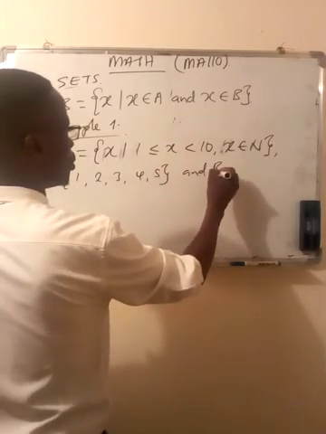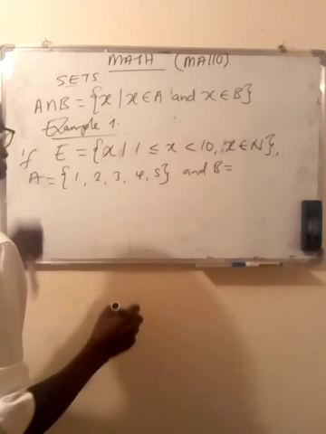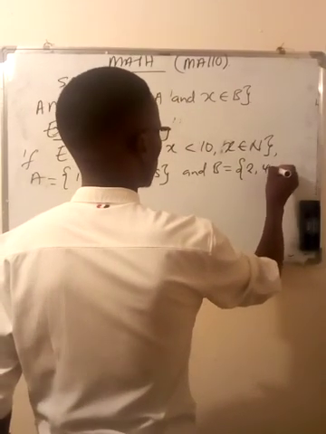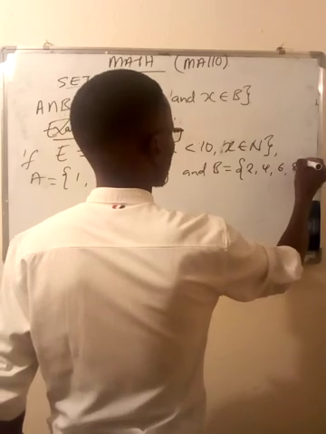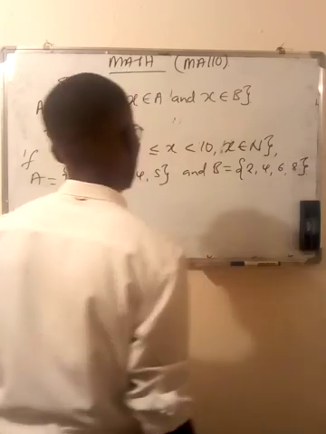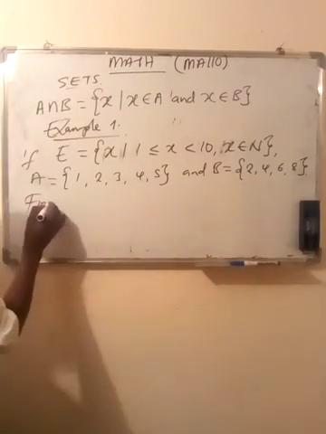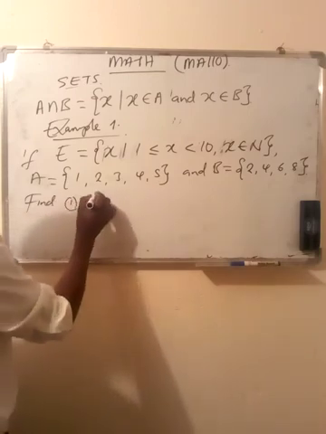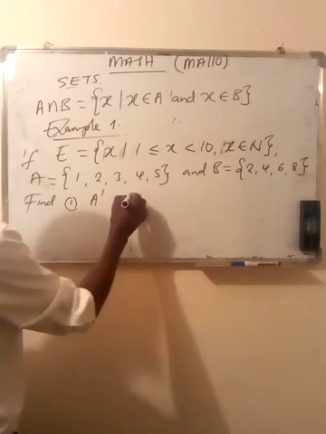Then find 1, A complement, then 2, B complement, then 3, A intersection B.